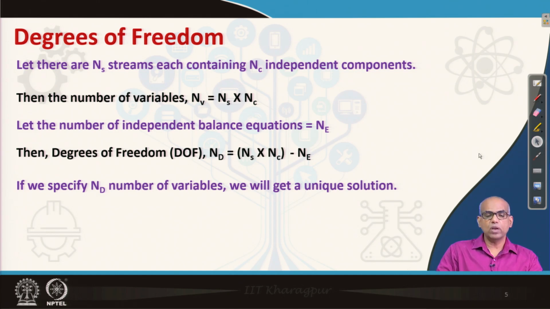So, ns streams will have ns times nc number of variables. Let the number of independent balance equations be ne. So, degree of freedom is defined as ns times nc minus ne. So, if we specify nd number of variables, then your system will be uniquely defined, and you get a unique solution.